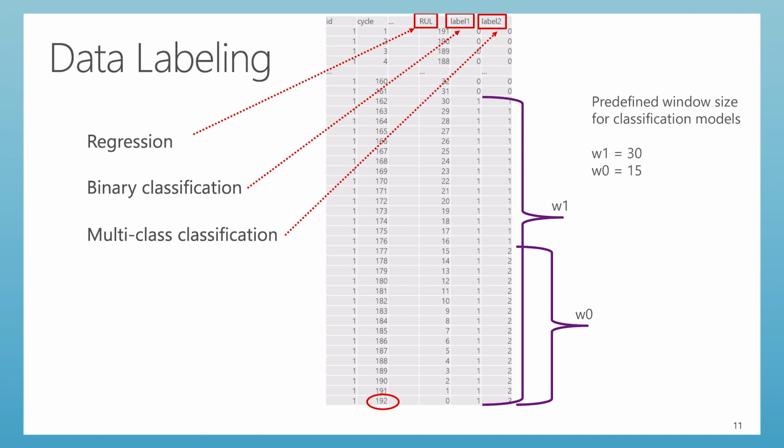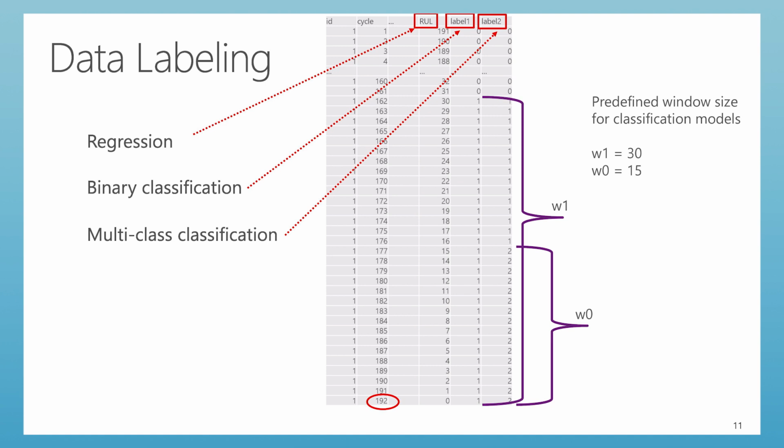From the business point of view, say if we want to predict failure in a 15 cycles range or 30 cycles range, we can make that decision to see what window size we want to have. For example, here we define the window size for binary classification to be 30.